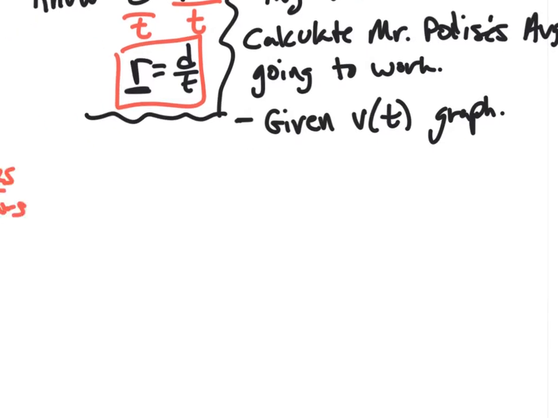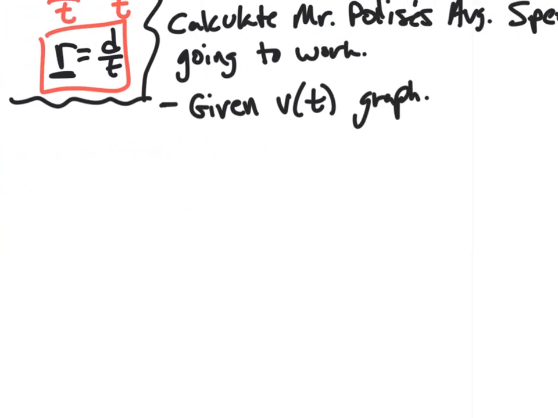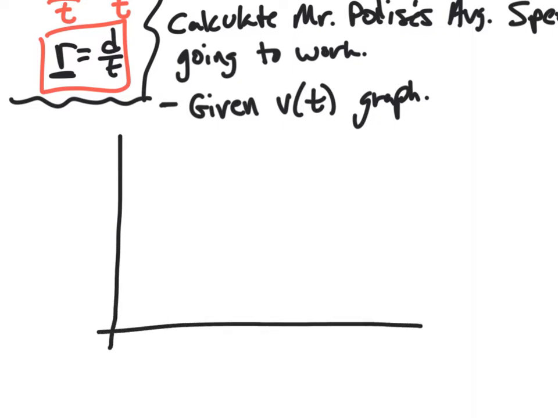So if I come over here and I draw a graph, and this is a velocity graph, v of t, and our label is in miles per hour, okay? We still have our x-axis in hours, and we've traveled 0.25 hours. It takes me about 15 minutes to get to work, and I live about 12 miles away, okay?